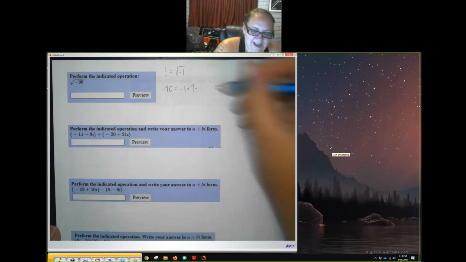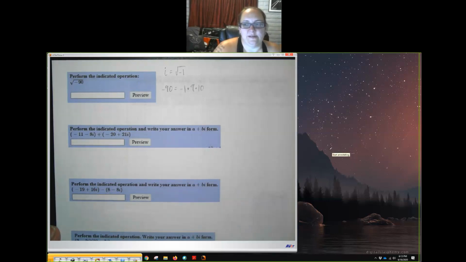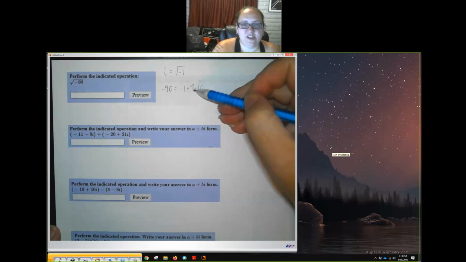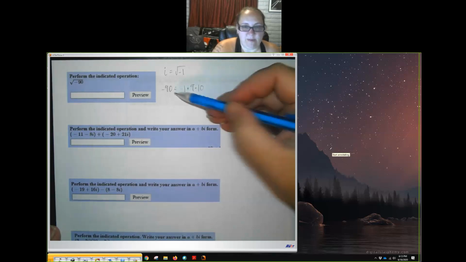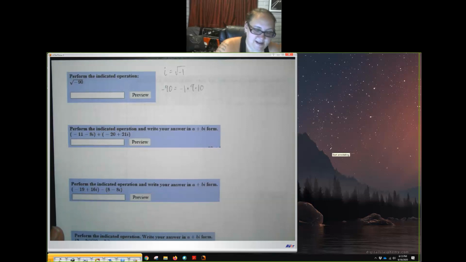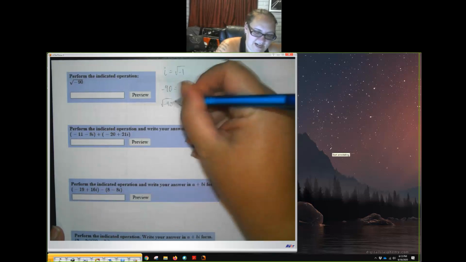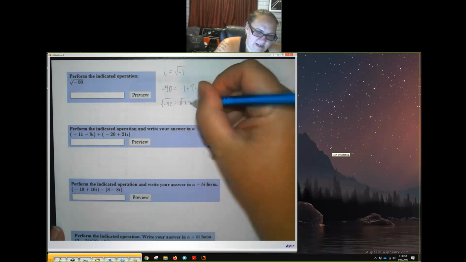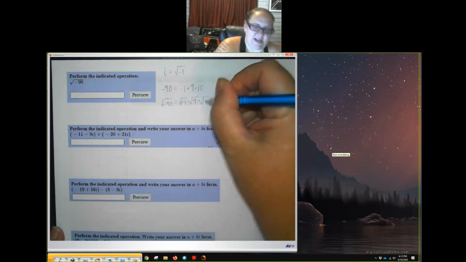And then what's left over would be 10. So I pick the 9 because it's a perfect square, and then I ask myself, what do I multiply 9 by to get 90? Well, that would be 10. So if negative 90 is negative 1 times 9 times 10, then the square root of negative 90 is the square root of negative 1 times the square root of 9 times the square root of 10.